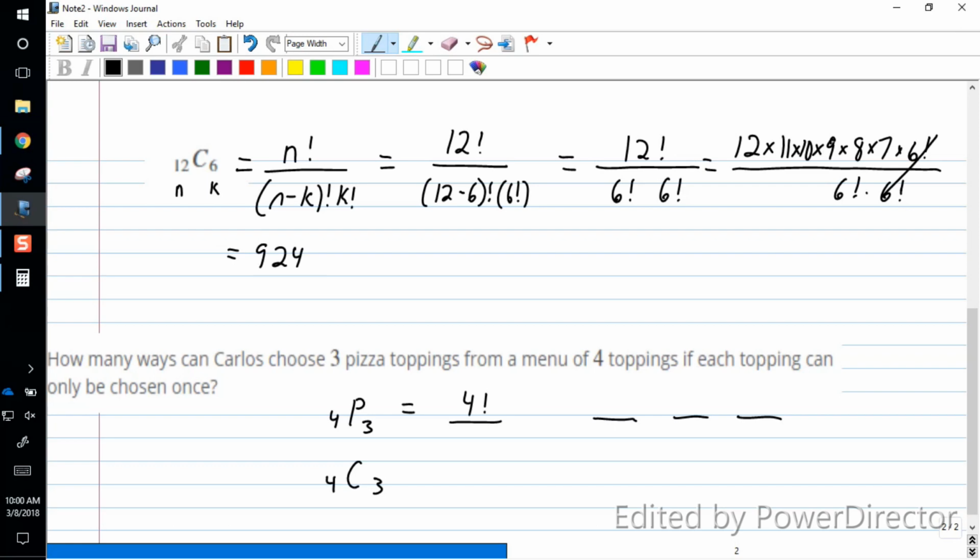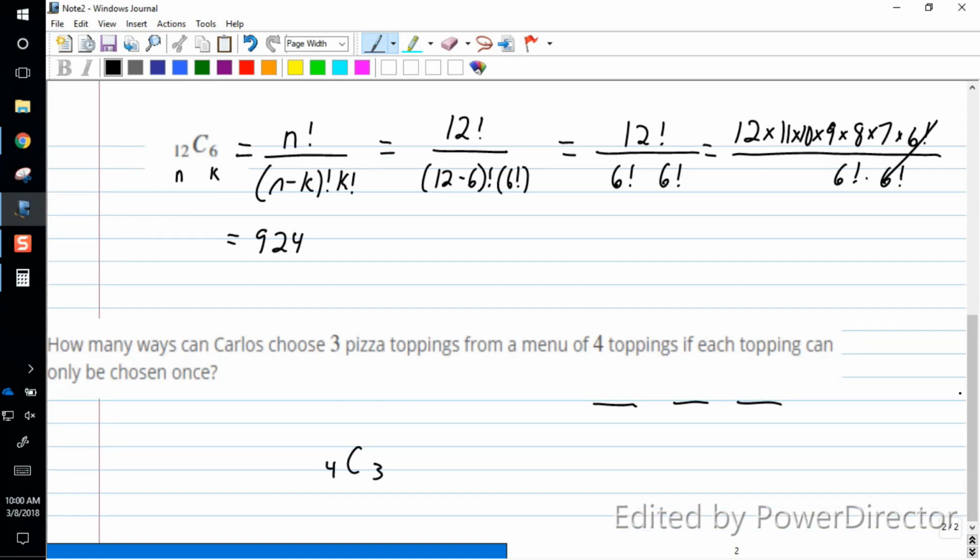Let me just make up some toppings. How about we do that? I've got my pizza here. So I'm going to have pepperoni, sausage, bacon. Everybody loves bacon, right? What's a good vegetable to put on a pizza?